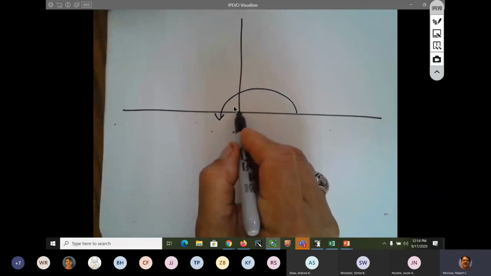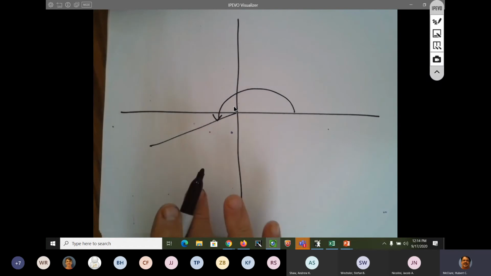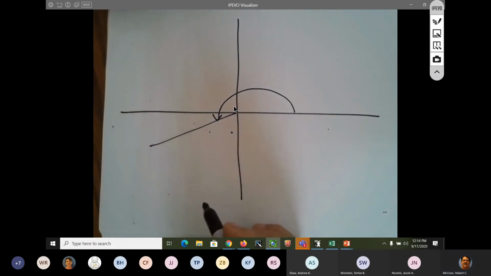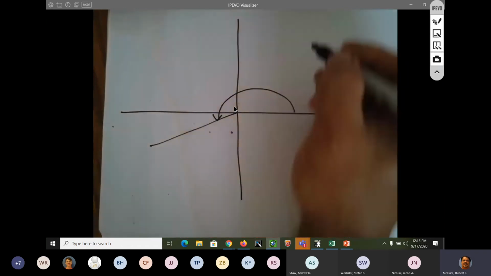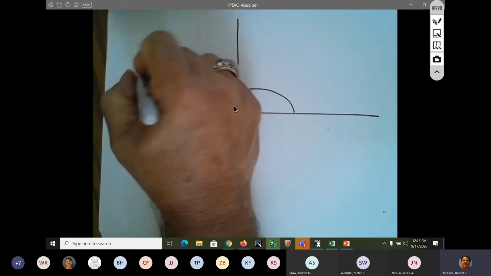So I got it right here somewhere. So I got to find out using my reference angle. So 210 degrees minus 180 is equal to 30 degrees.